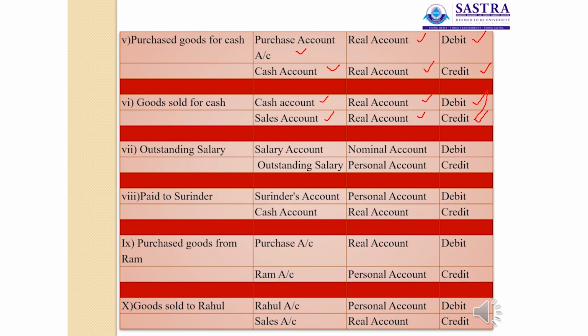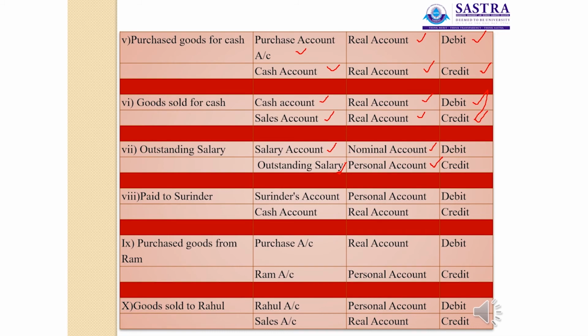That is the meaning of outstanding salary. Here there are the salary account and the outstanding salary account. The salary account is a nominal account. Outstanding salary is one of the liabilities, so this comes under representative personal account.